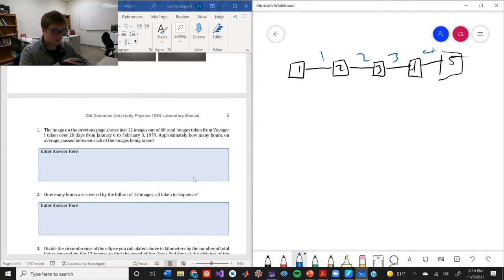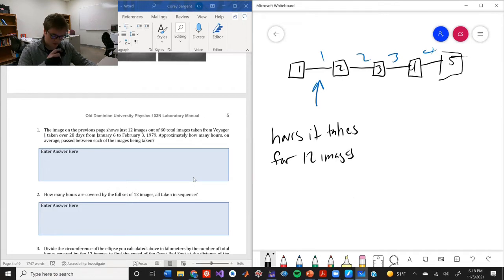And so this actually applies to question 2. How many hours are covered by the full set of 12 images? Well, we know this time period for those 12 images, but we don't have 12 of those time periods, we have 11. And so we want the hours it takes for 12 images.